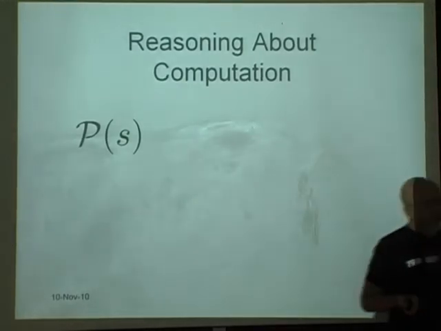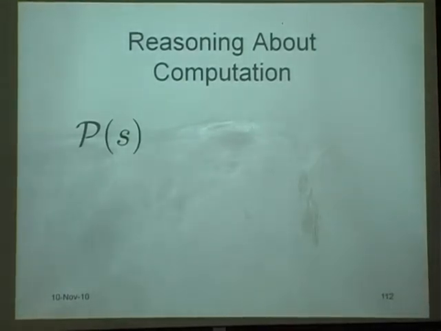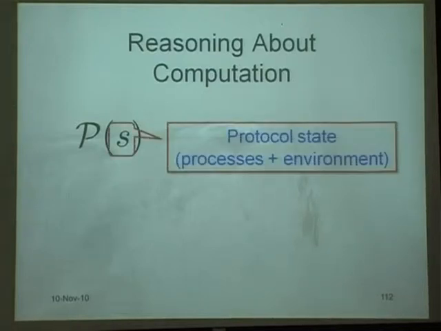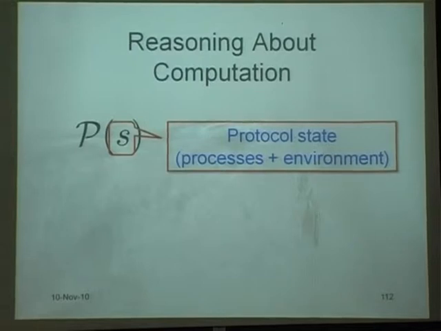Okay, so let me define the language that we're going to use for reasoning about computation. A lot of this is not specific to read-write memory. It'll work in other contexts as well. So we'll talk about a protocol state, which you can think of as the program counters and local variables of processes and the state of the environment, in this case the state of the shared memory.